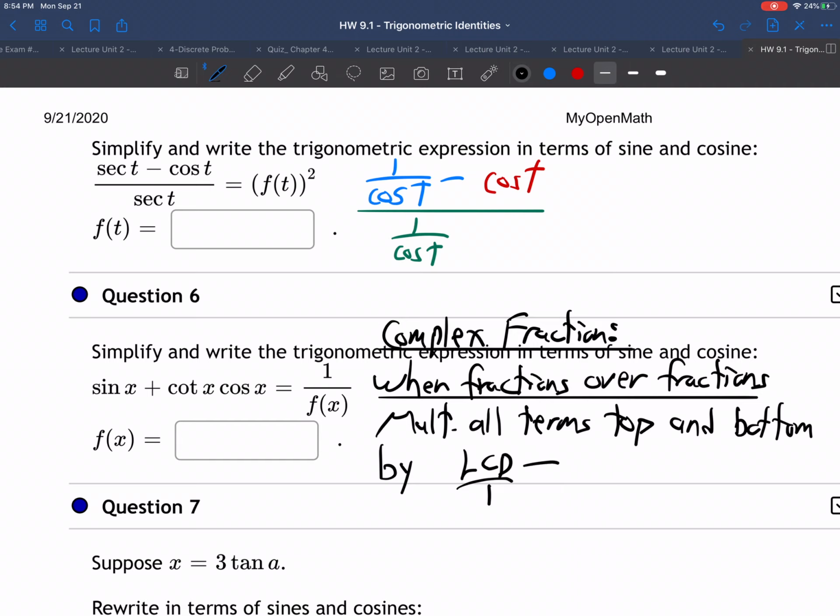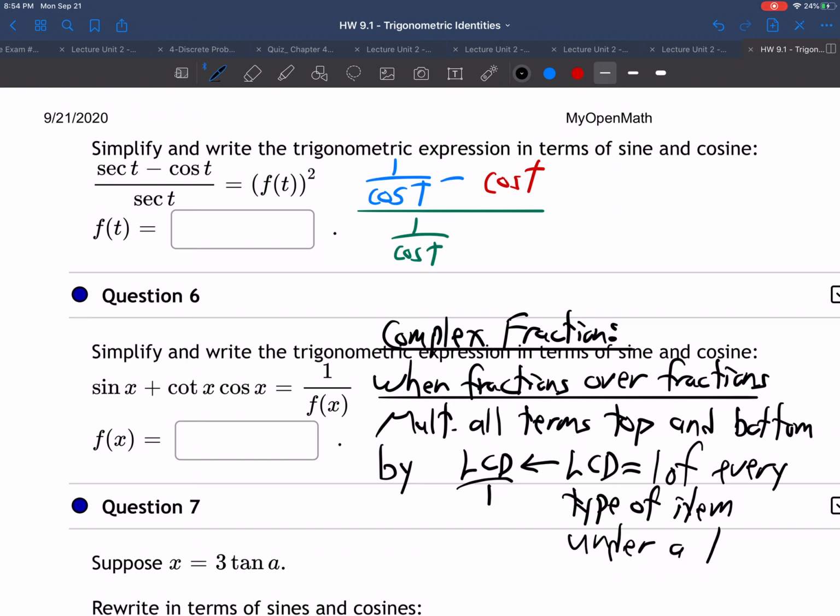And the LCD, let me mention, the LCD equals the 1 of every type of item under a bar. Hope you got that. So the LCD is 1. It's only 1 of every type of item under a bar.